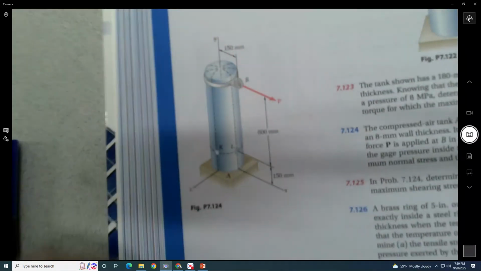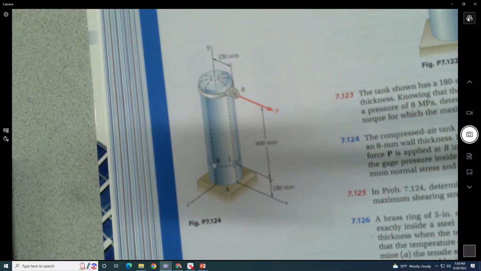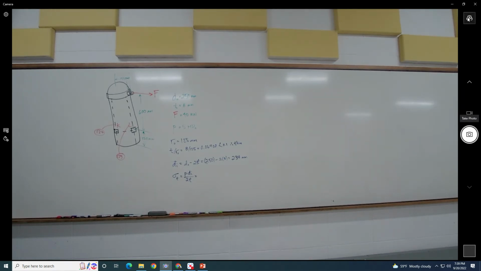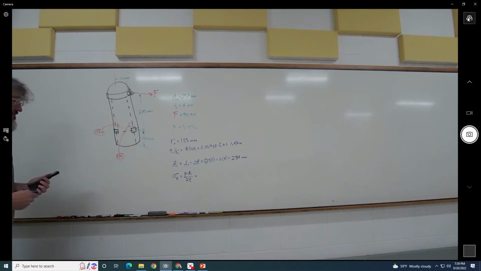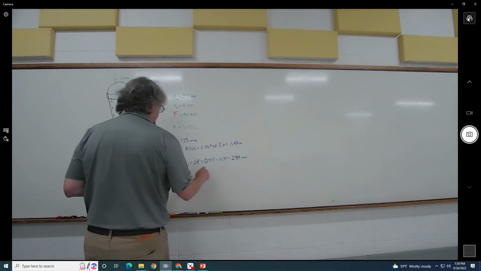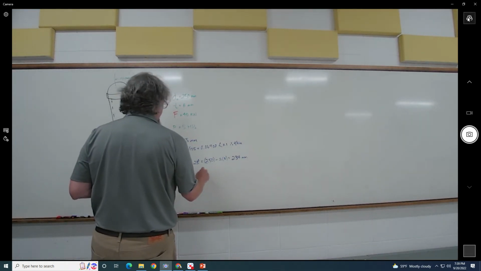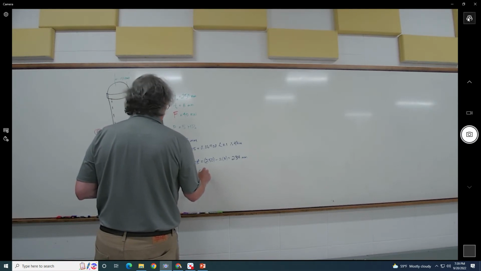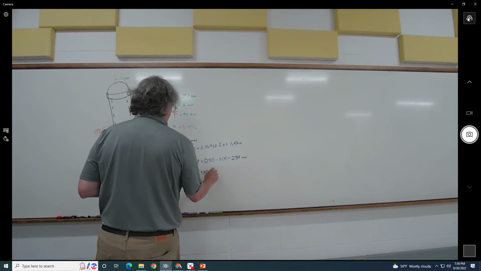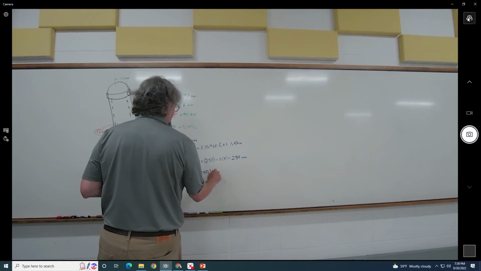The truth is it's going to be a real small difference in most cases, because you're using the thin-walled approximation. And we're lucky here that we don't have to change our units around, because we're just taking a pressure, which is 5 megapascals, and multiplying it by 234 millimeters, and then dividing it by 8 millimeters.